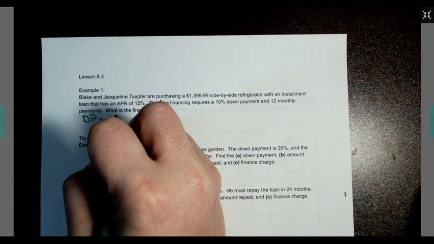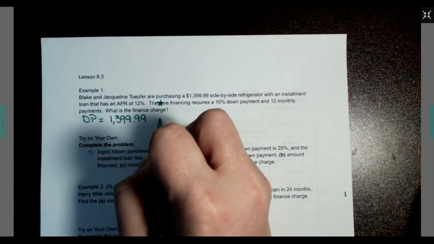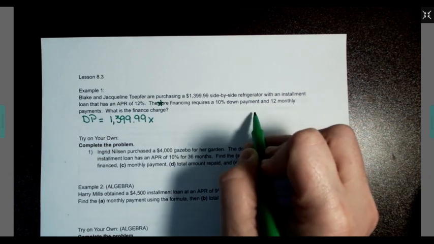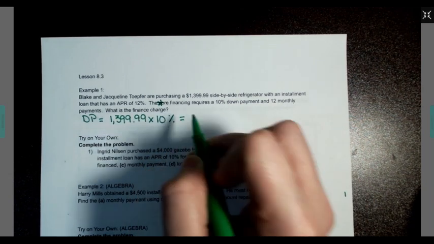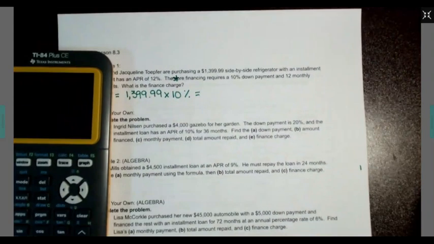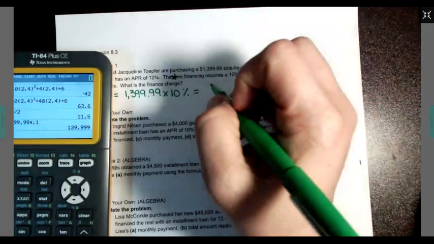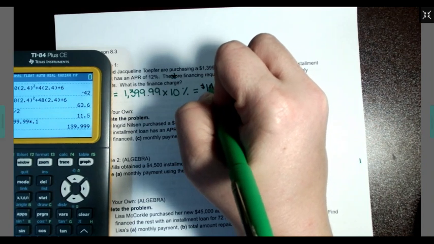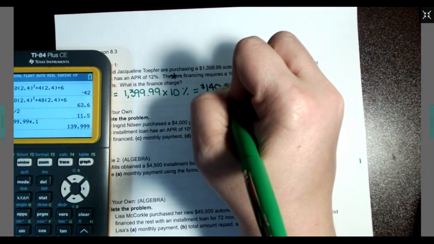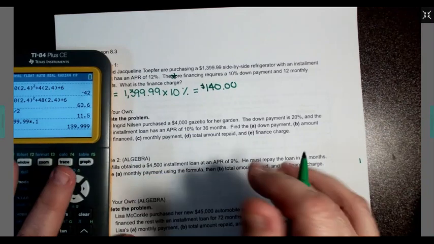by taking $1,399.99 and multiplying it by our percent down, which is the 10%. 1399.99 times 0.10. So I have to pay $140 down, because that third 9 is going to round all that up.